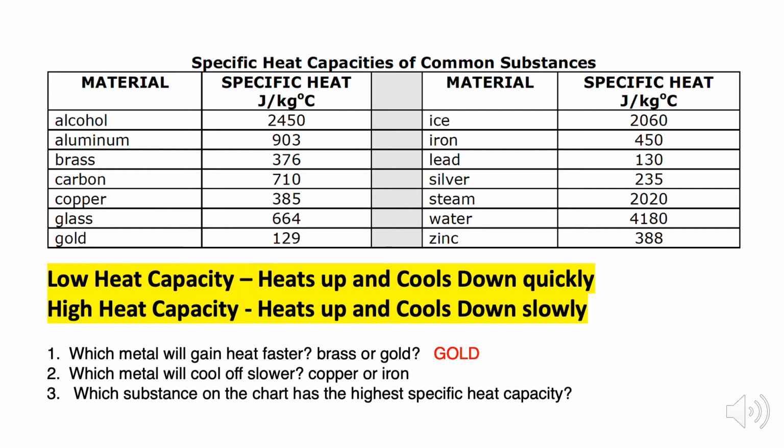If it's going to cool off slower, you want a high heat capacity. Between copper and iron, which of those numbers is higher? Iron. And then number 3 says, which substance on the chart has the highest specific heat capacity? If you look at this chart, you should see the highest number is water.